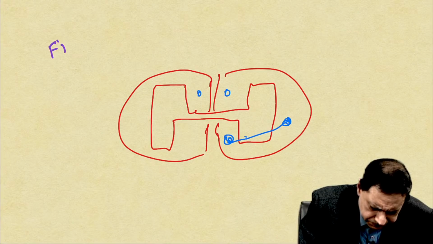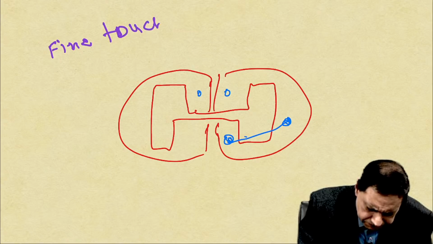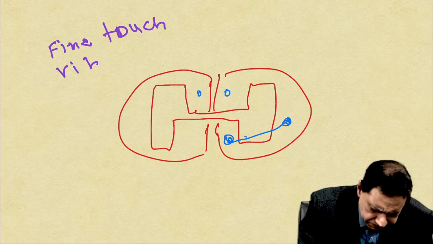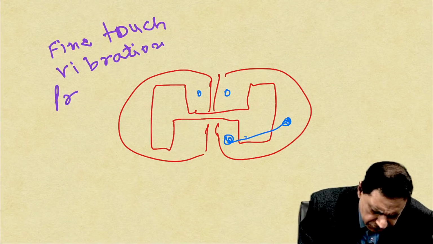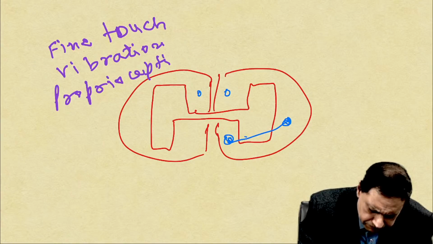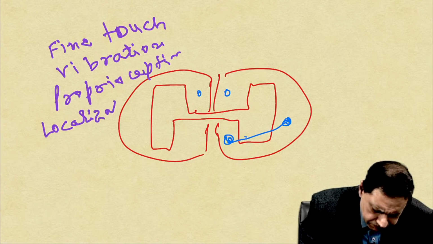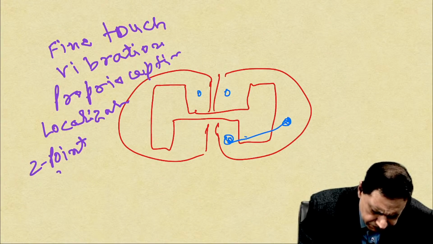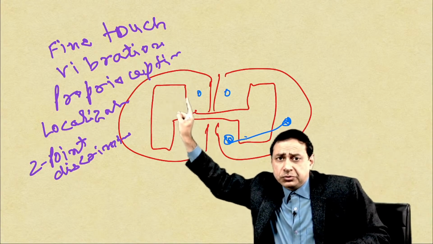Fine touch, vibration, proprioception, localization, two-point discrimination. They will all go through the dorsal column.